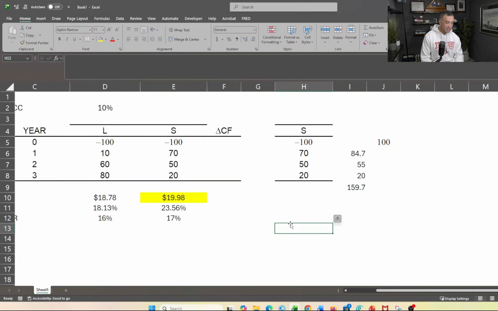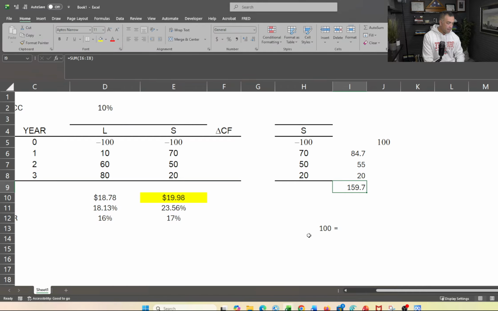So this is how we do the modified internal rate of return. What we're saying is the $100, these are the outflows at time 0, will be equal to, and I'm going to try to do the best I can in Excel, let me put an apostrophe and do that. It's equal to the cash flows in year 3, the outflows, and look at the PowerPoint, they show the equation.